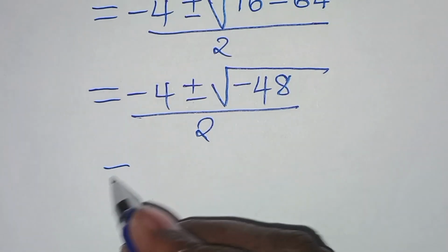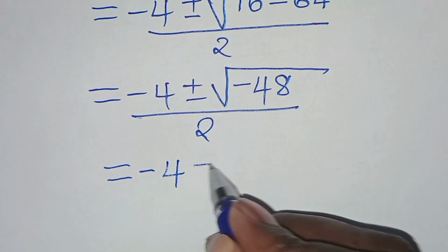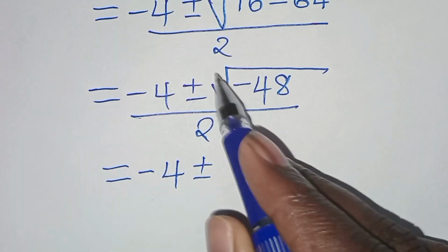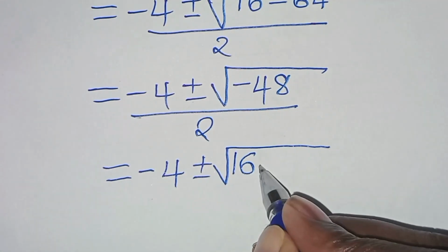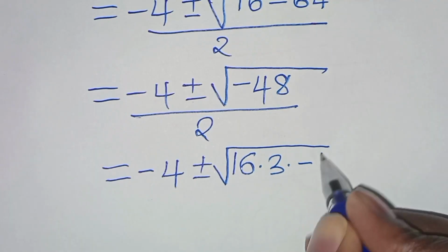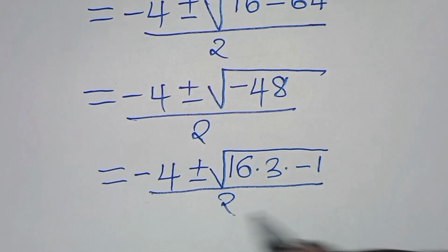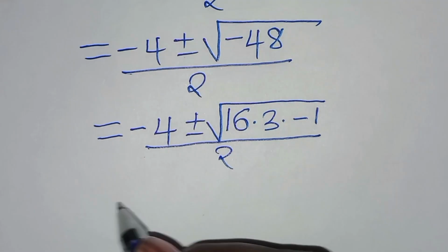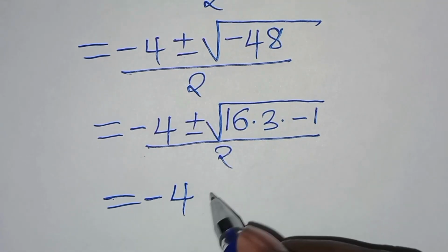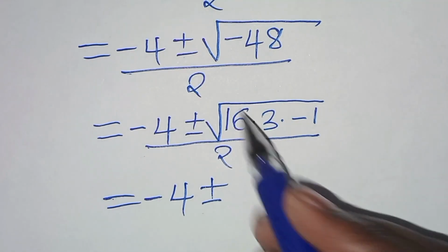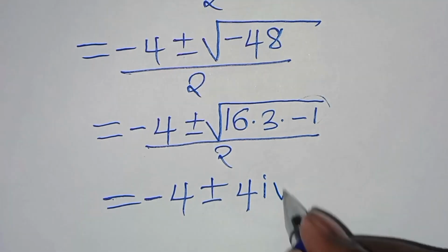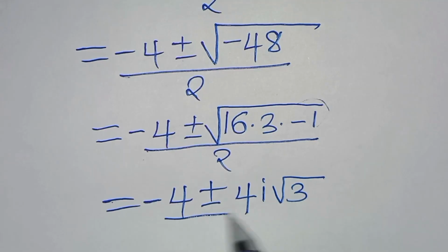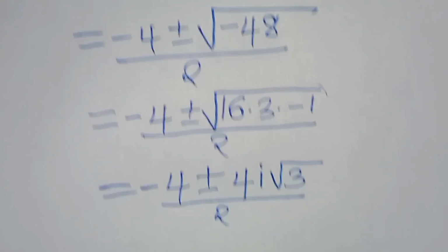The next step, we can express the square root of minus 48 as the square root of 16 times 3 times minus 1, divided by 2. This is the same thing as minus 4 plus or minus the square root of 16, this is 4, the square root of minus 1, this is i, then the square root of 3, all this divided by 2.